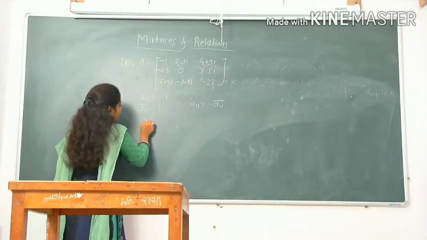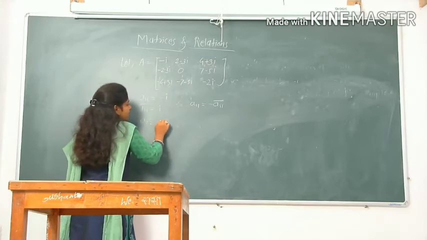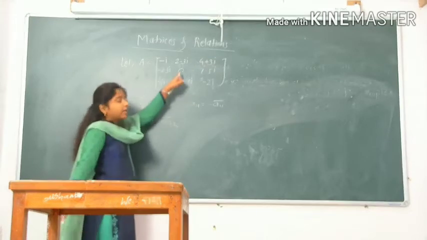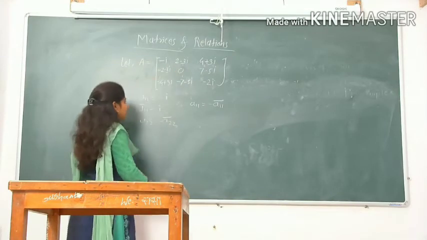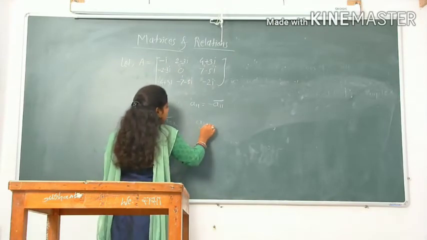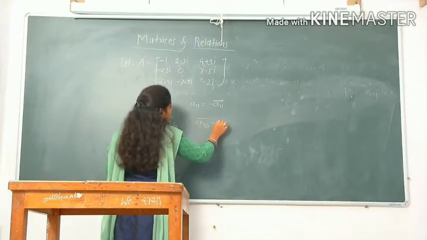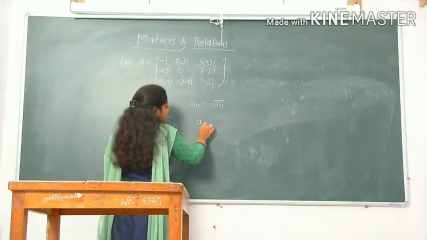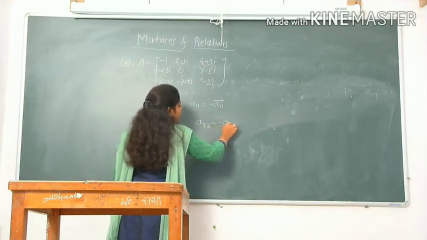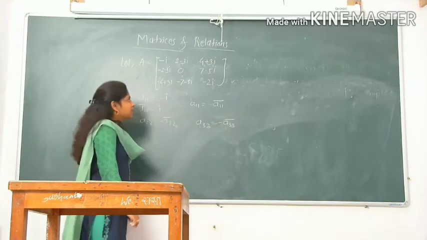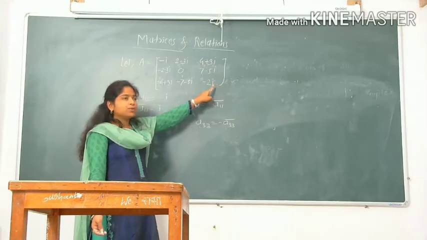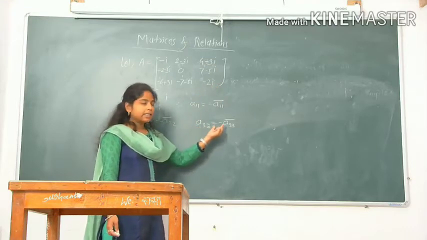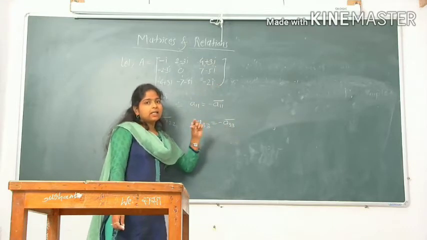Similarly, we have A22 is same as minus A22 bar, since A22 is 0 and 0 bar is 0. And A33 is equal to minus A33 bar, since A33 is equal to minus 2i and its conjugate is 2i.